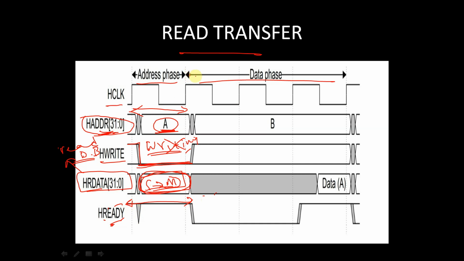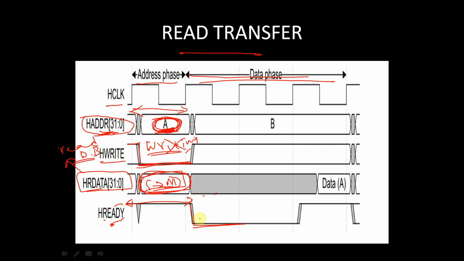And when the data phase starts, the master tries to read the data from the address specified by the master, in this case A, from the slave. But in this case, HREADY is equal to 0.